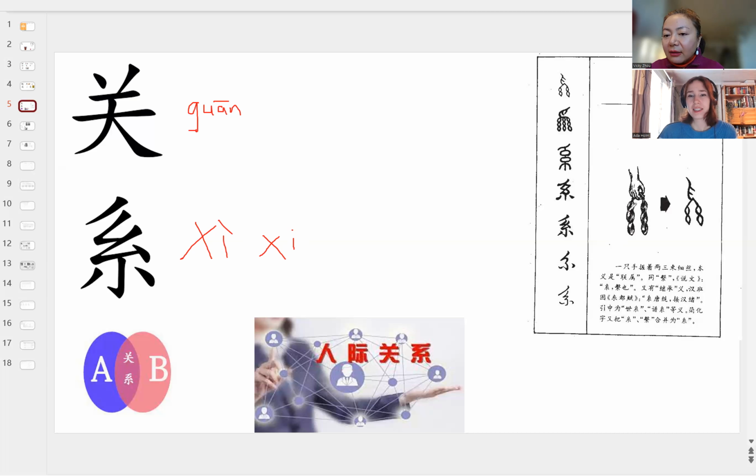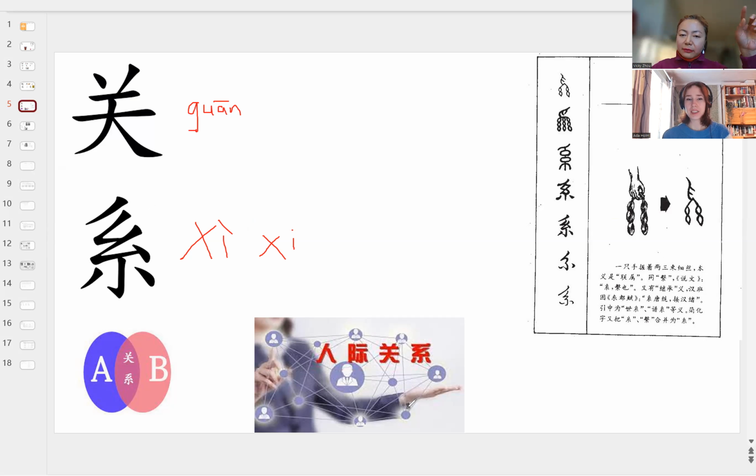Here you can think of some meat or some goose you need to tie with rope. So this means rope.